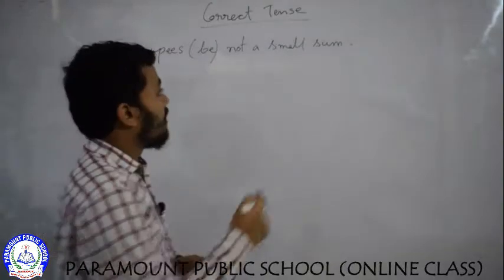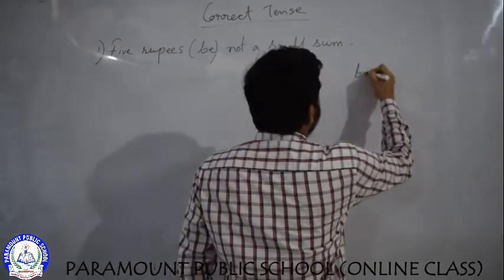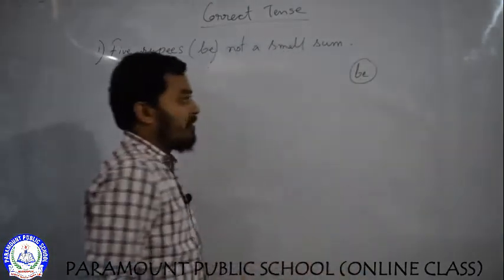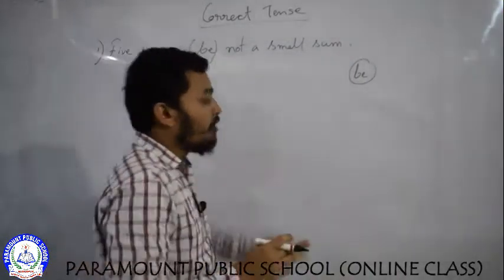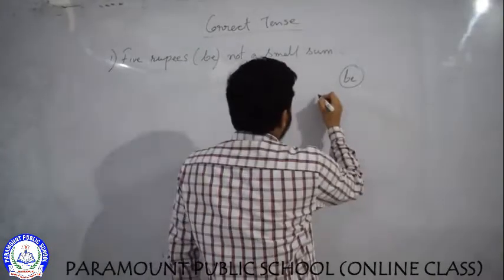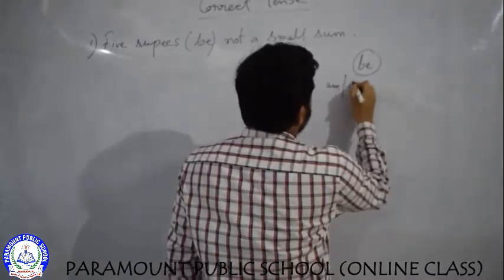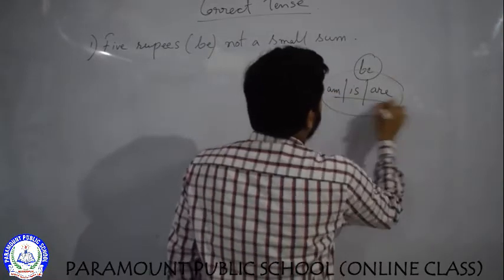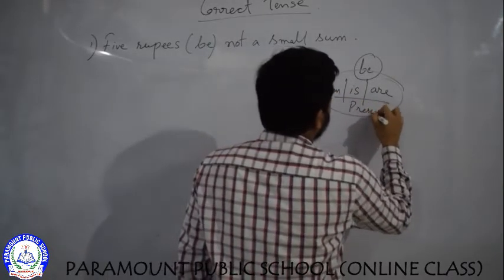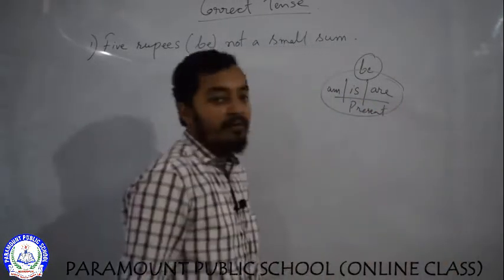Now we all know the verb be. One verb has 3 forms: present, past and past participle. So students, keep in mind: am, is, are are the present forms of the be verb.